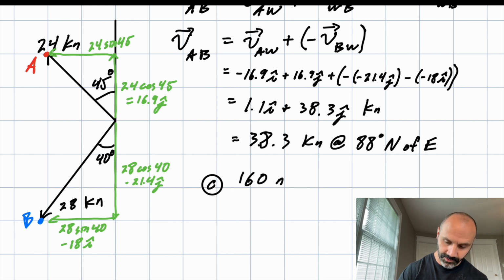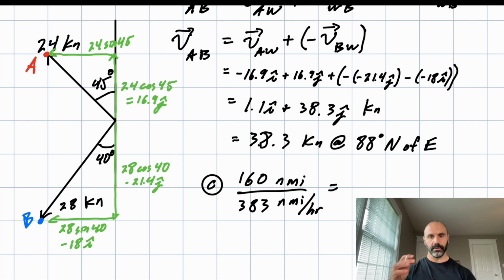I'm not sure the official abbreviation for that. I'm just going to do NMI over 38.3, because a knot is a nautical mile per hour. Notice that when you deal with the units, nautical miles divided by nautical miles per hour, you end up with just hours.